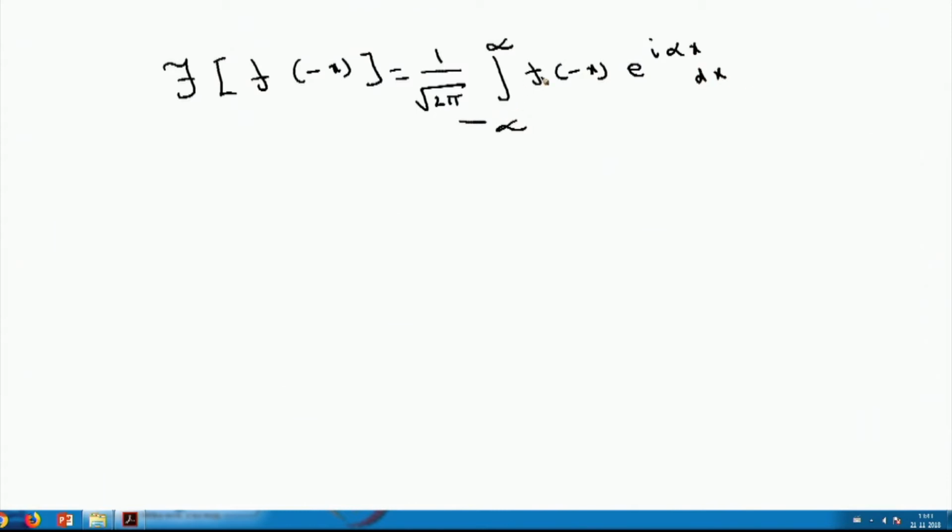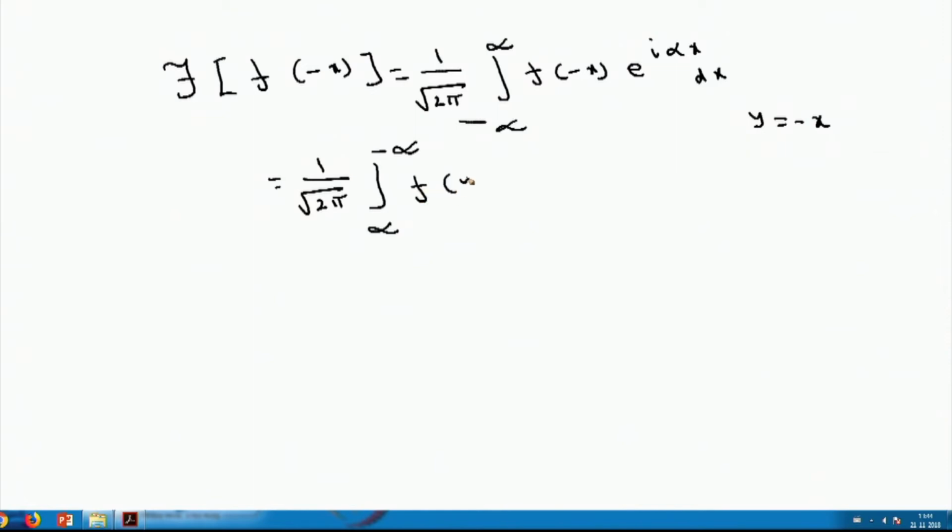Now, this x I cannot keep as minus x. So, we put y equals minus x in this equation. The limit of the integration: as x approaches minus infinity, y will approach infinity, and as x approaches plus infinity, y will approach minus infinity. So, the limit will be from infinity to minus infinity, since y equals minus x.